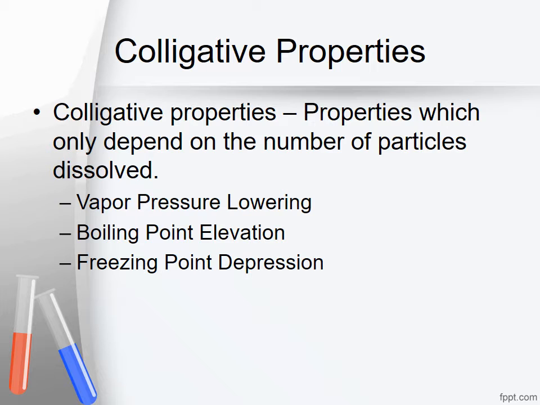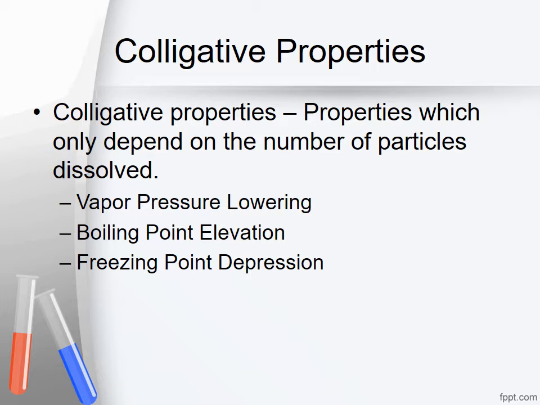And when I add salt to water, it also lowers the freezing point so that the ice on our sidewalk will melt because its freezing point is now lower. And we also use that in antifreeze so that the water in the radiator of your car doesn't boil or freeze as it gets hotter and colder. So we use these properties all the time, and they are called colligative properties, right?